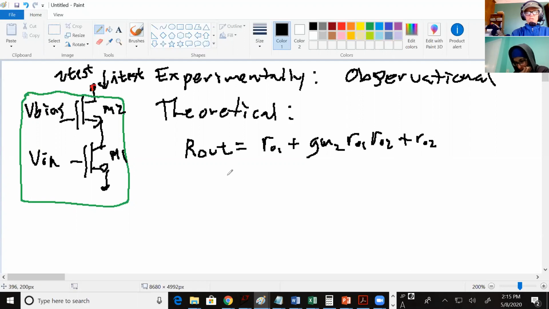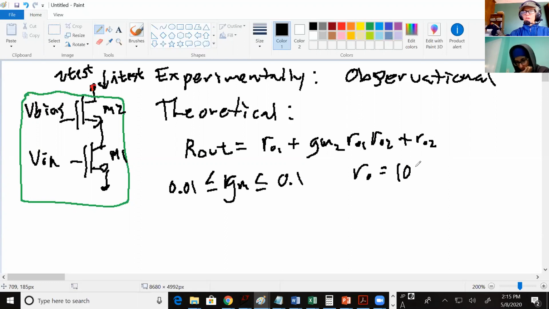And then I had you say, okay, assume that gm is going to be some value like that, and assume your ROs for 1 milliamp could be 100K. And then if you did an approximation for this equation, what would you come up with?